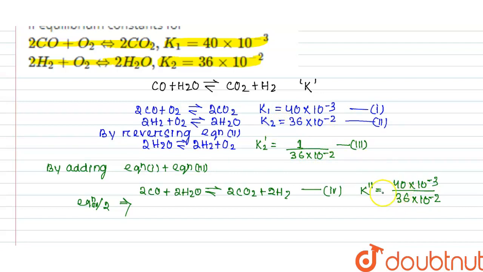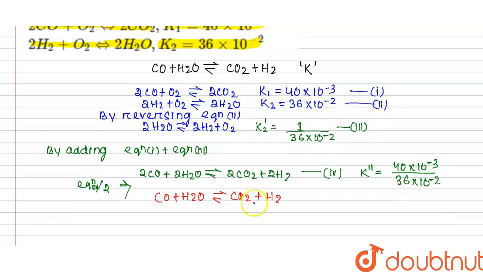Now we'll divide equation IV by 2, so the equation will become CO plus H2O gives rise to CO2 plus H2. So now this is our final equation and we take K as its equilibrium constant.